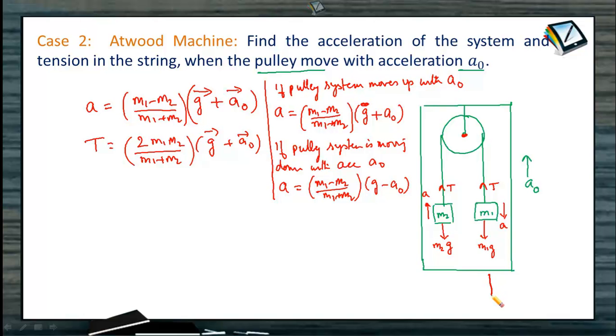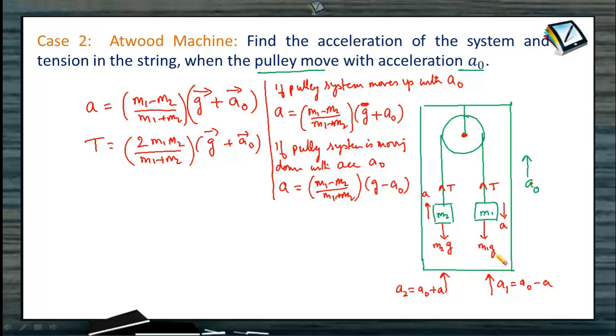So the acceleration of mass M1, let us consider as A1, is equal to A0 minus A. M2 is also moving in the same direction with the same acceleration A0. So therefore the acceleration of M2, A2, is equal to A0 plus A. These are the individual accelerations of mass M1 and M2 at any instant of time.